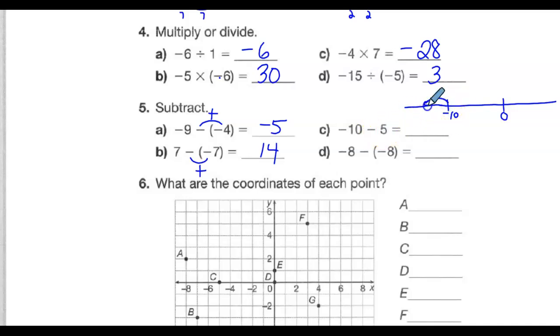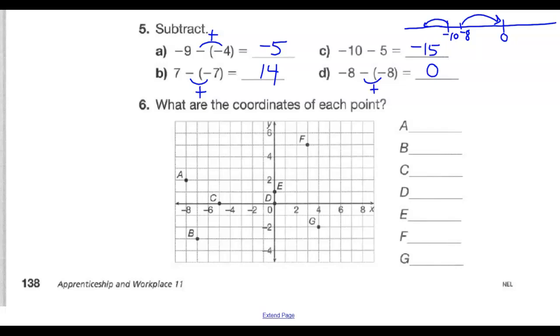So we're going 5 to the left. So that's going to be at -15. And then here, -8, subtracting a negative, again, is adding. So -8 plus 8 is 0. That's like being here at -8, and we're adding 8. So that goes to the right, so we end up back at 0.